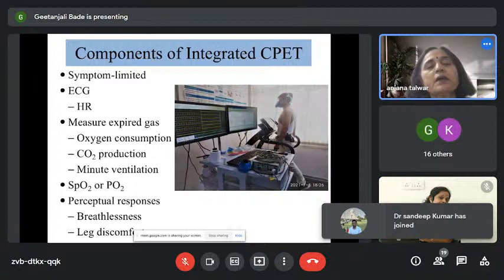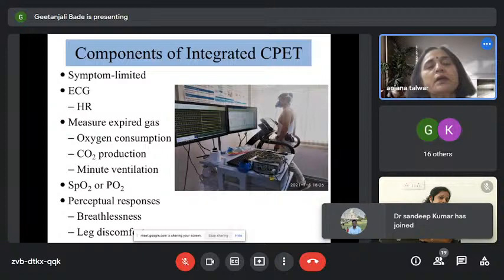Pre-operative evaluation and risk stratification is also important. This is important to know whether the person is fit enough to undergo surgery. It can be done before any major surgery, just to have an idea whether in the perioperative time he'll be able to tolerate the surgery or not.